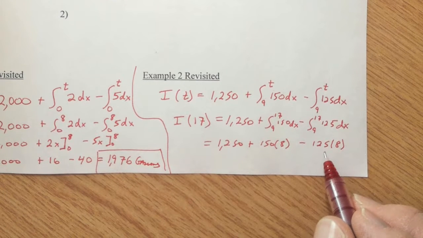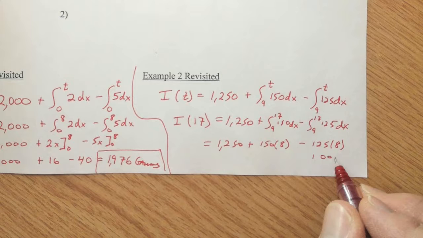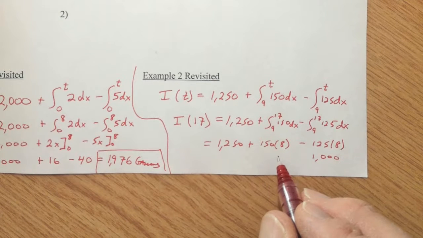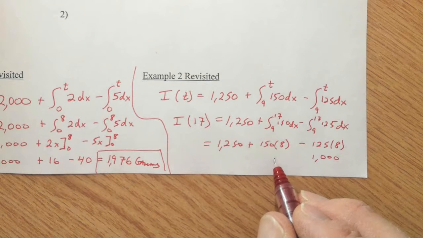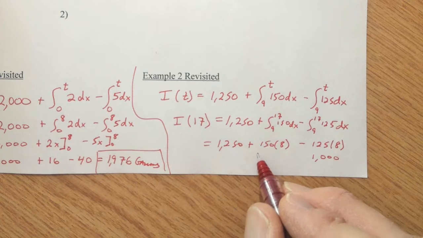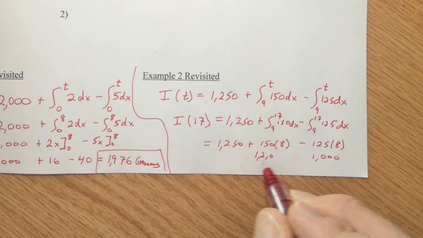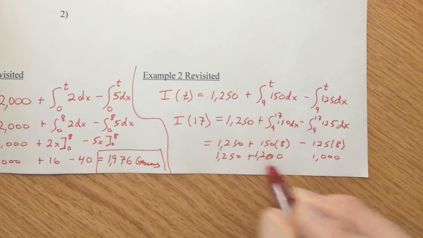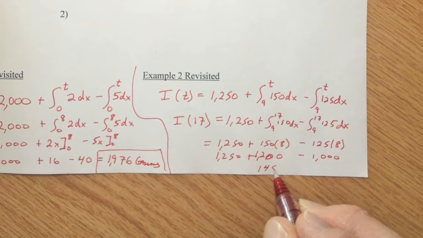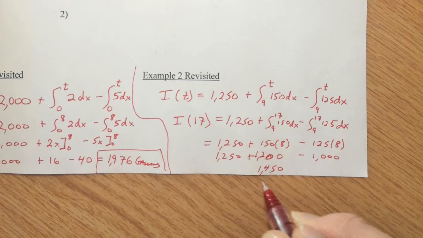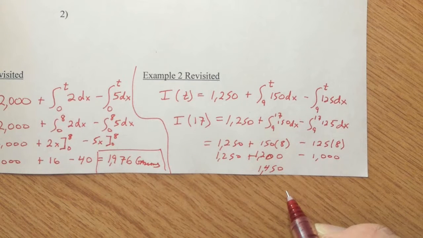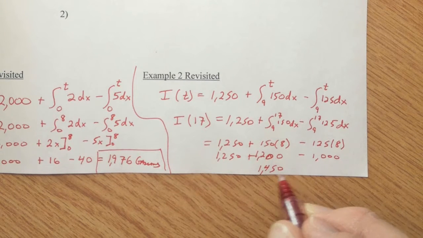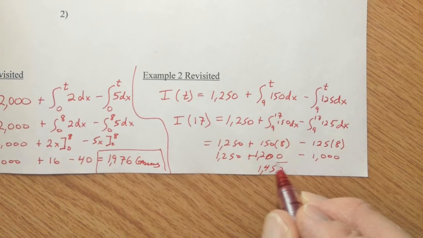Now 125 times 8 is actually 1,000, and 150 times 8 turns out to be 1,200. So we have 1250 plus 1200 minus 1000, or 1450. That would be our total amount of people that are on the island at 5 o'clock.